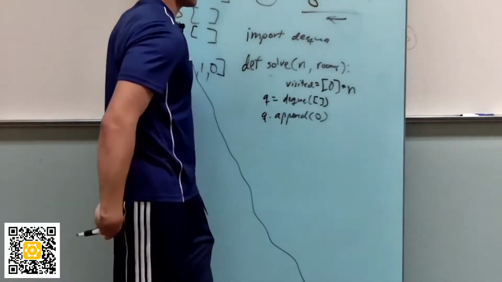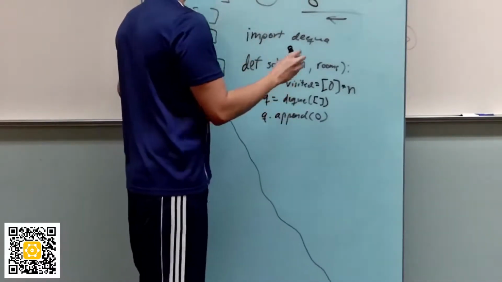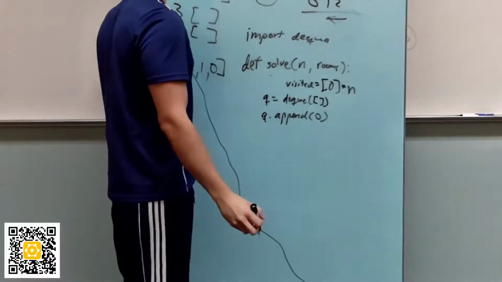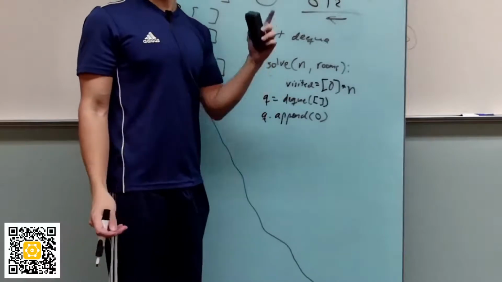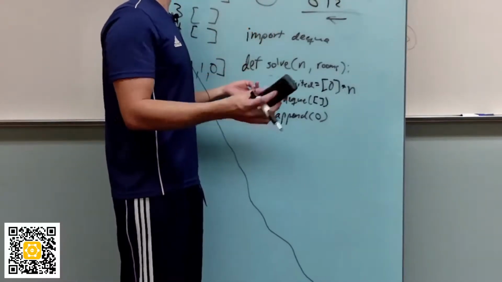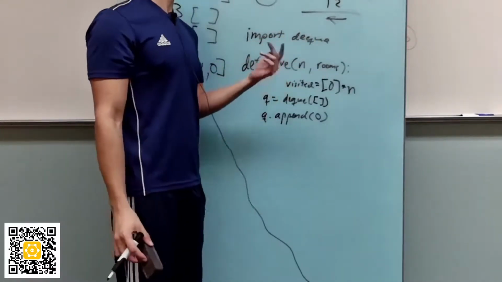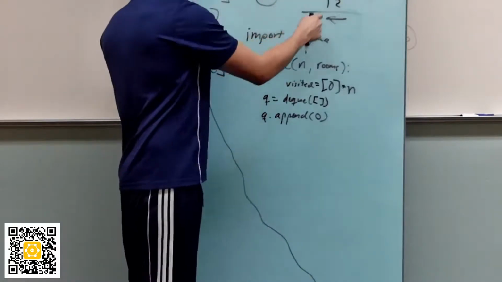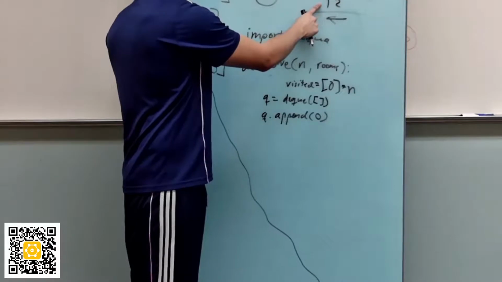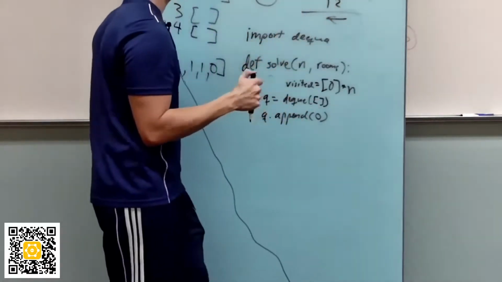Okay. Now, 0 has 2 adjacent ones, right? 1 and 2. And 0, we've already visited all the adjacent ones. 0 is visited. We don't need it anymore, so we pop it. Okay? Now we move on to the top of the list, 1. 1 has no adjacent ones that, well, it has 2, but 2 is already in there.